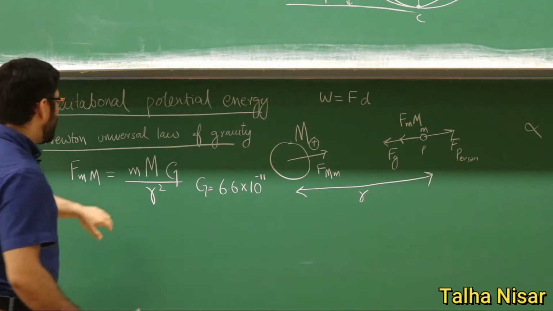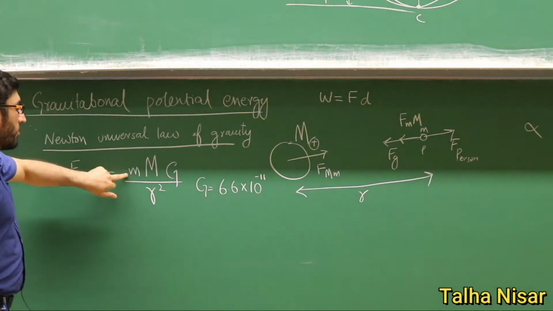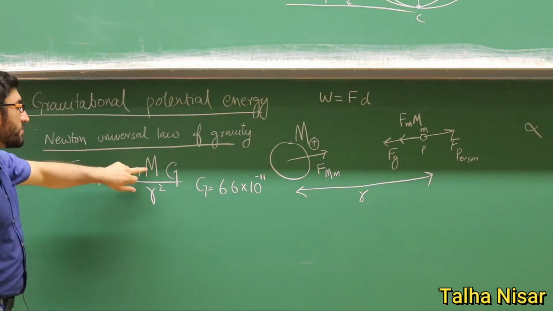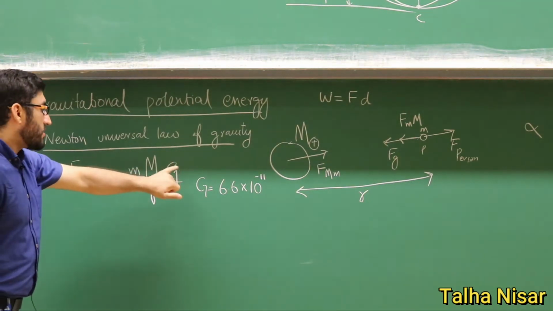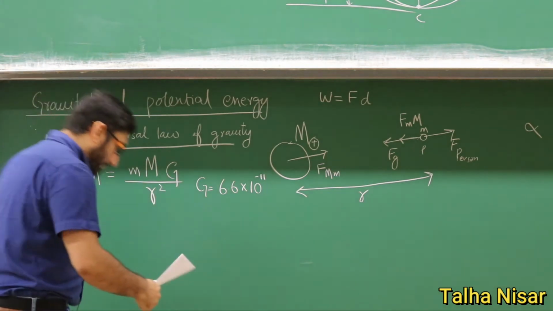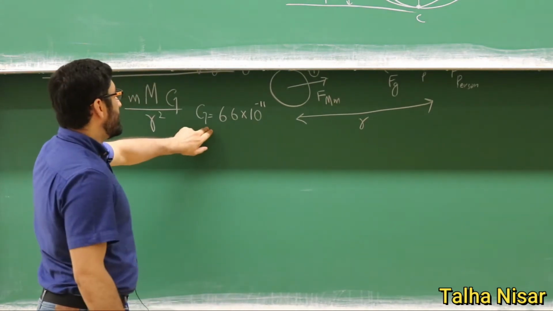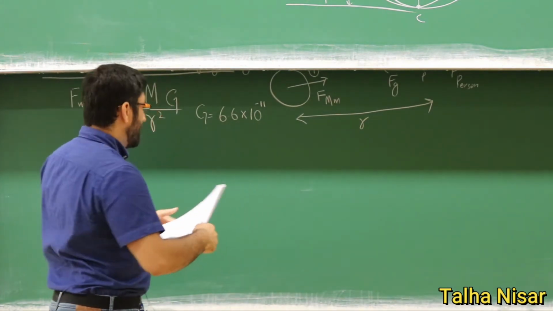Newton defined it as the mass of one object multiplied by the mass of the other object, times the gravitational constant, and it falls off as 1 over r squared. We know that this is an extremely small number.